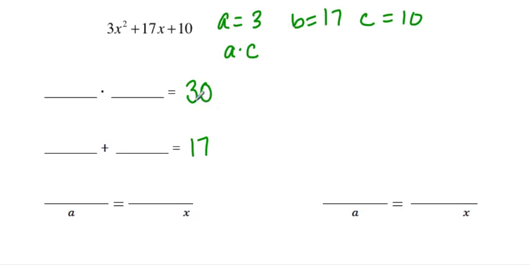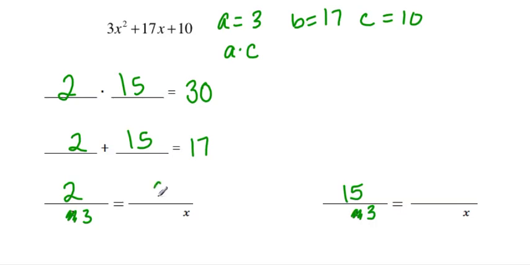So I'm looking for two numbers that multiply to be 30 and add to be 17. So I'm going to get 2 and 15. That would multiply to be 30, and 2 and 15 would add to be 17. So once I find those, I put those in the top blank. And then my a down here is replaced with 3, since a is 3 in my problem.